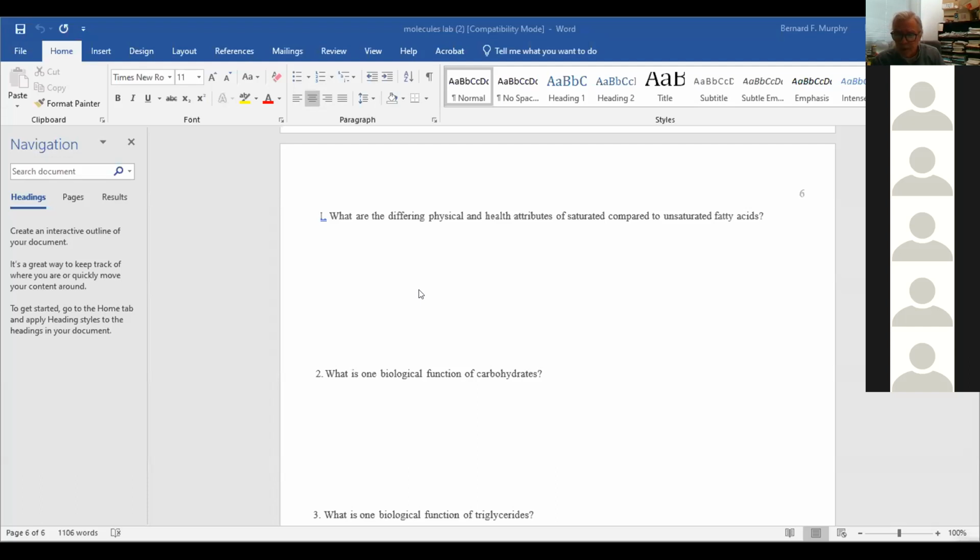Remember what you need when you take away hydrogens between the carbons. What's there? Double bonds. Double bonds. So that's the physical difference between saturated and unsaturated fatty acids.